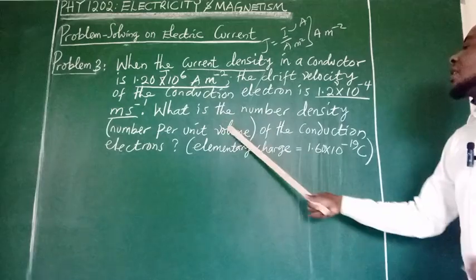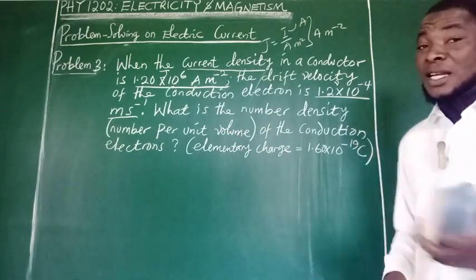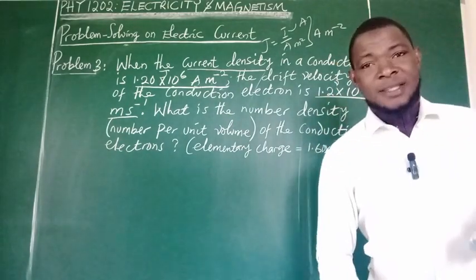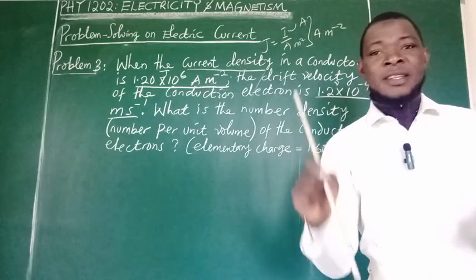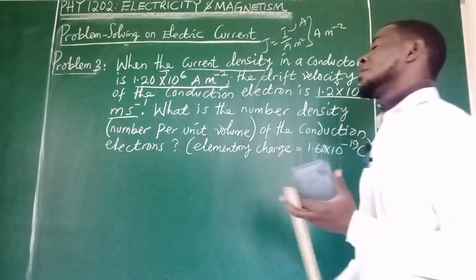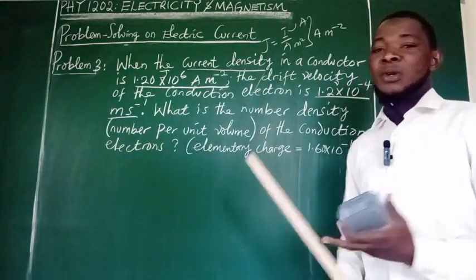Okay, what is the number density? It has many names. In some books they call it number density, in others they call it charge carrier density, and they mean one and the same thing: the number of free electrons per unit volume of the material.